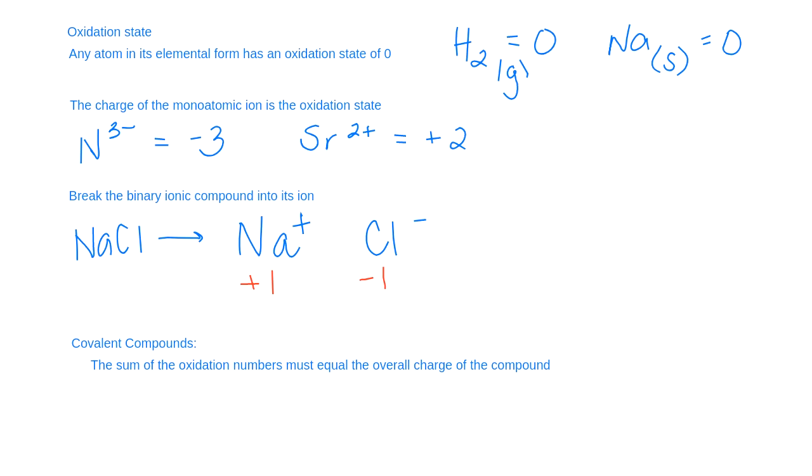And this is true for any type of compound. It's just that covalent compounds can have any charge, whereas ionic compounds are always going to be neutral. So the sum has to equal the overall charge.